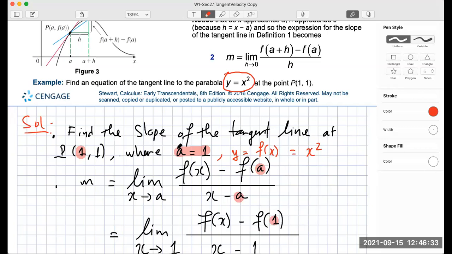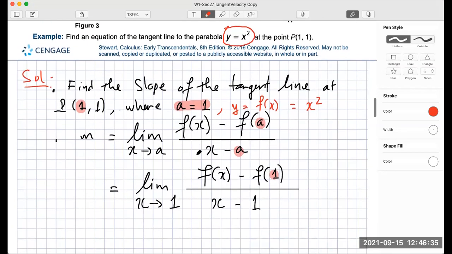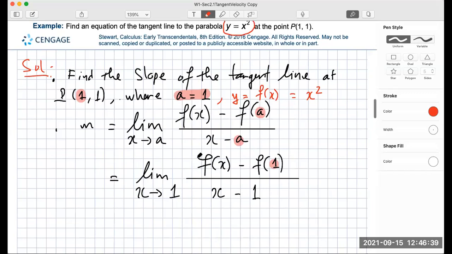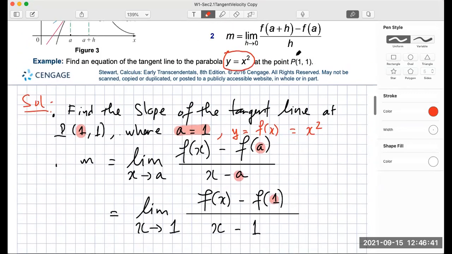Where was a given? 1 is given, and it is this point right here. Is it clear for everyone? Good.